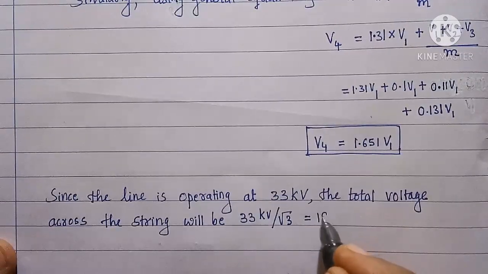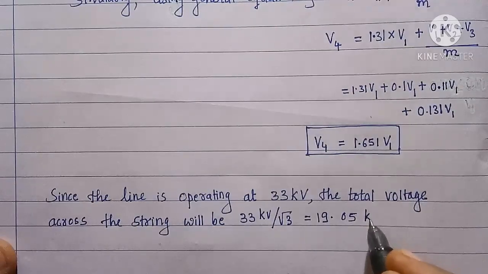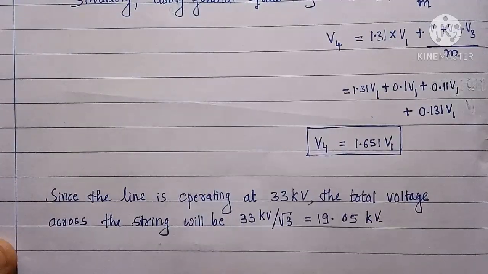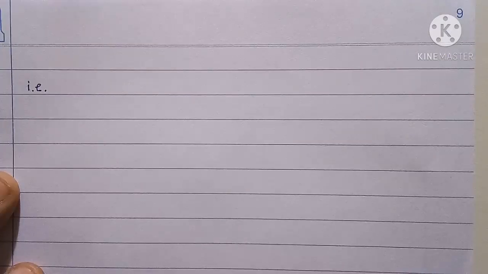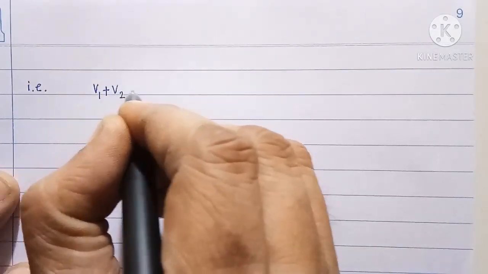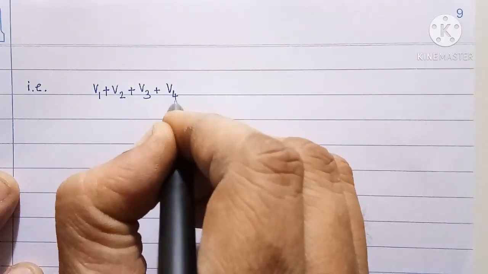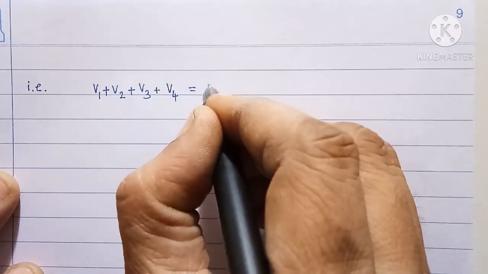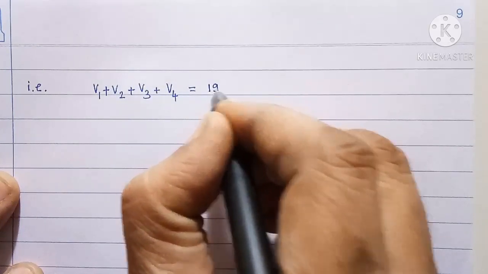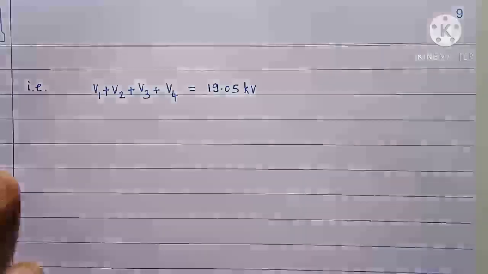That is equal to 19.05 kV. That is, V1 plus V2 plus V3 plus V4 is equal to 19.05 kV.